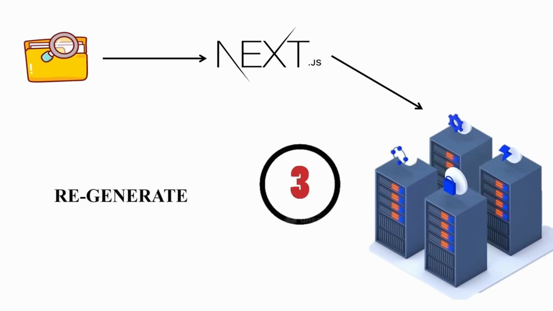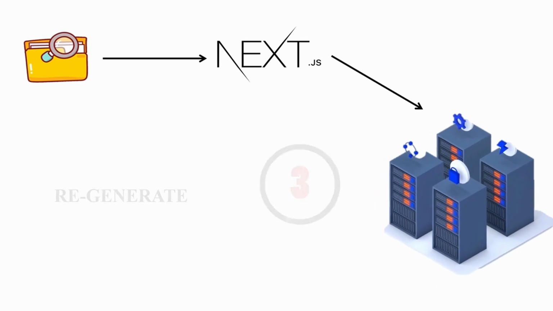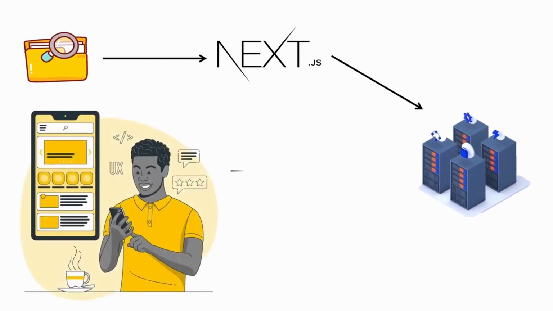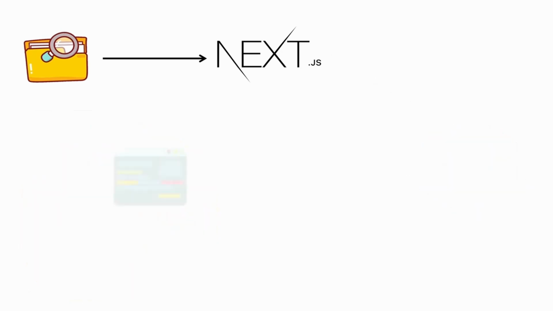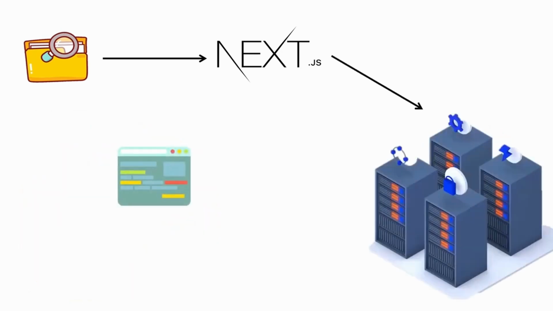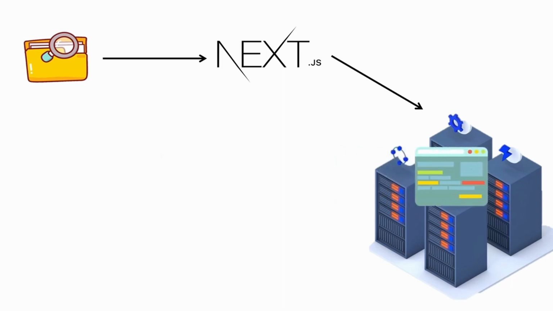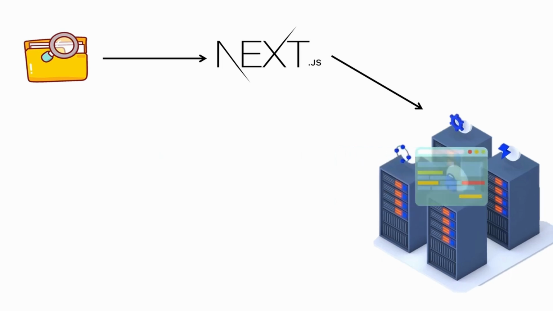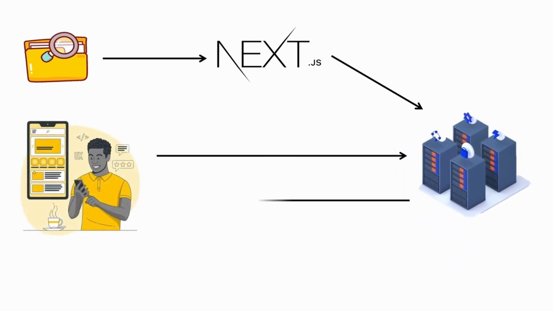After this period of time, you have to generate or rebuild the static pages at the first request from the end user. So after the time has elapsed, when the first request comes from the user, it will generate the static pages again and provide them to the server. Then the server will return them to the user.